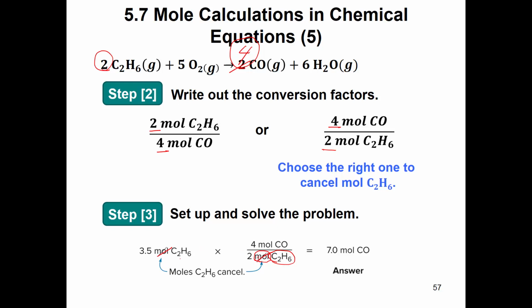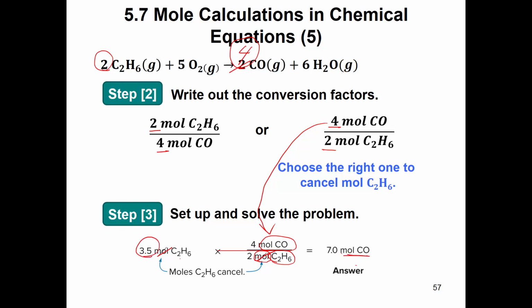Cancel out. So the proper conversion factor is going to be the 4 moles of CO over 2 moles of C2H6. The moles of C2H6 cancel and are going to just leave me with moles of CO, and that's what I want in my answer.